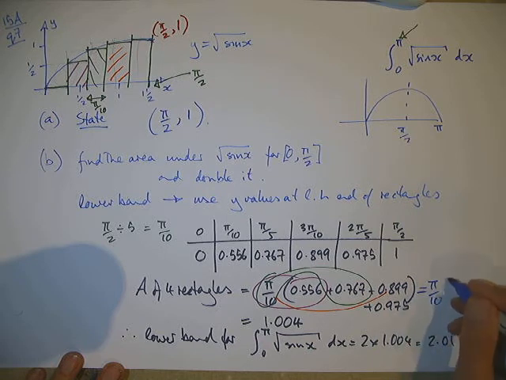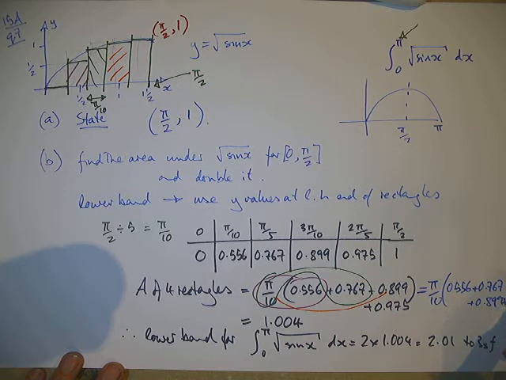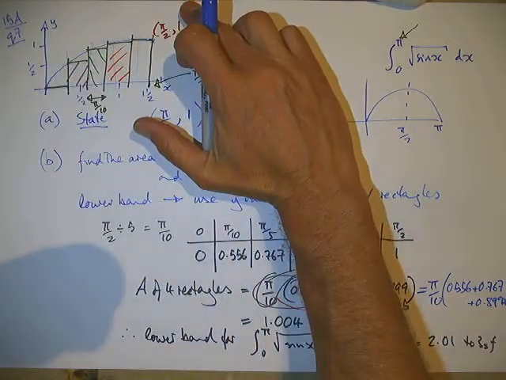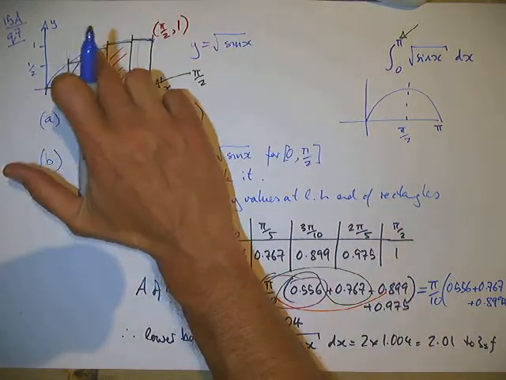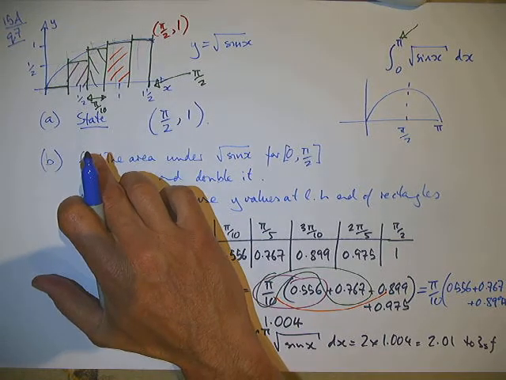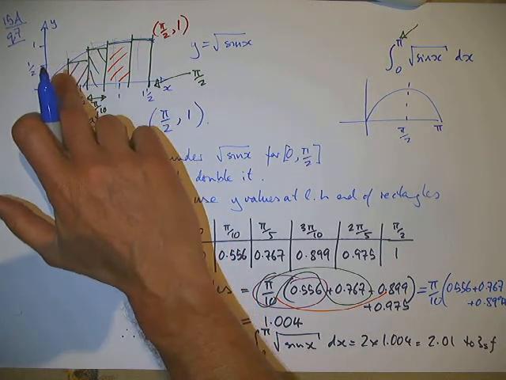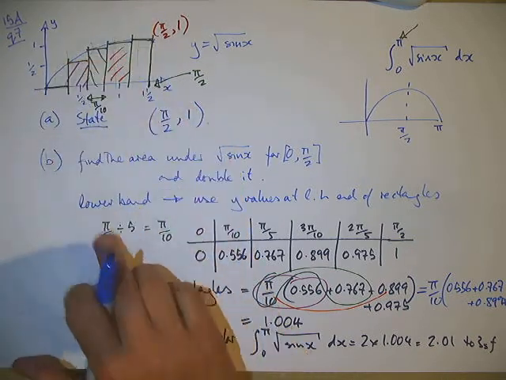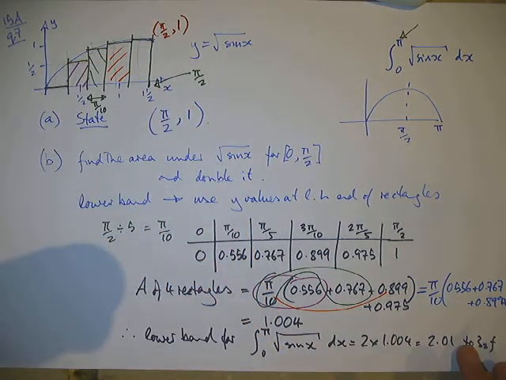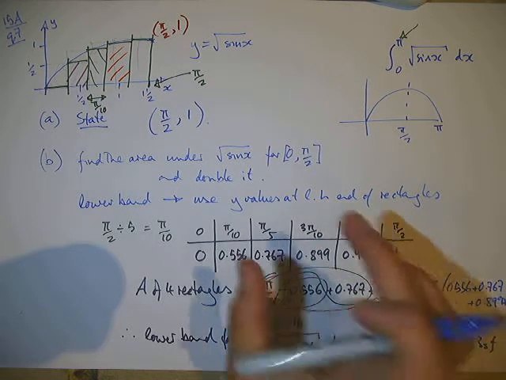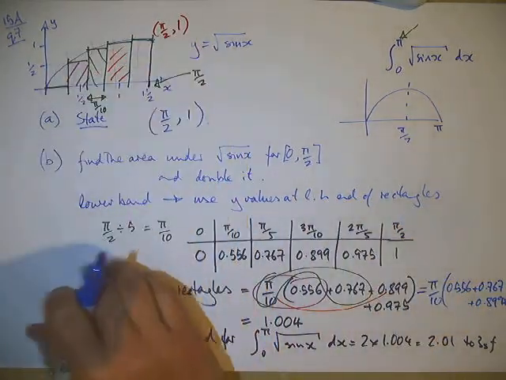The width of the rectangles and then the sum of their heights. And the heights are y values. Because this is an increasing function, the left-hand values for rectangles will give us a lower bound. The right-hand values, if you can still see them, would have given these ones, which would be an upper bound. Do a lower bound and an upper bound, then you've got the 2 values which the actual area is between.